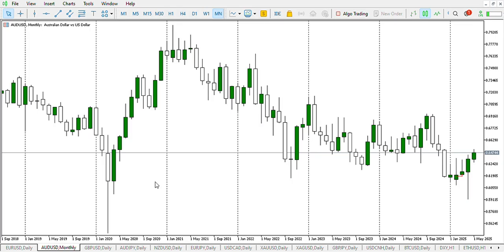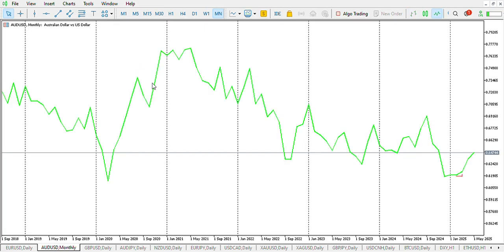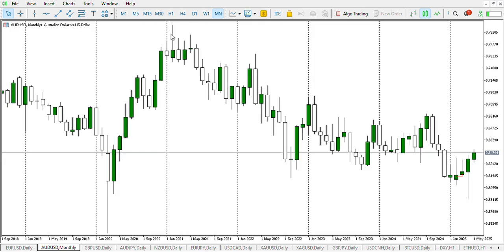However, the chart can not only be read with candlesticks, it can be read with the bar charts. It can also be read with the line chart. The line chart only encompasses the closing price of each instrument at all times. However, the candlestick has the most detailed view.